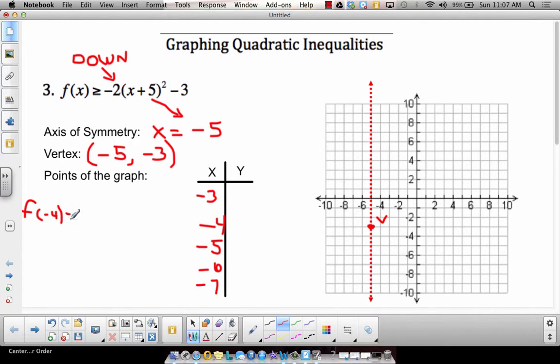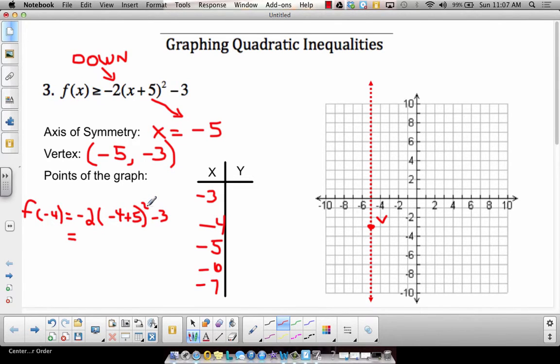I'm going to substitute these values in just so I can get points, and in that way I can draw it. So I've got -2 times, in parentheses, -4 plus 5. Then I square that, and I'm going to subtract 3 from whatever I get there. -4 plus 5 is 1.